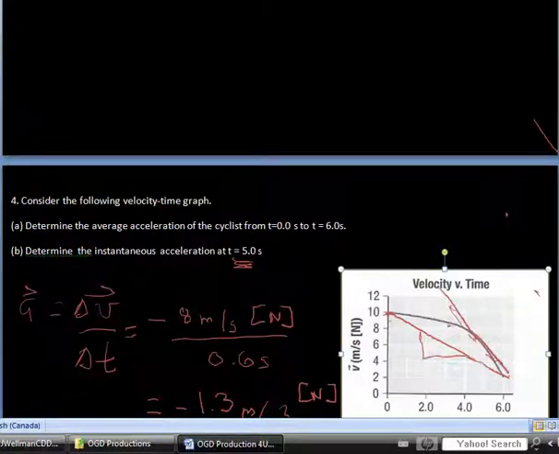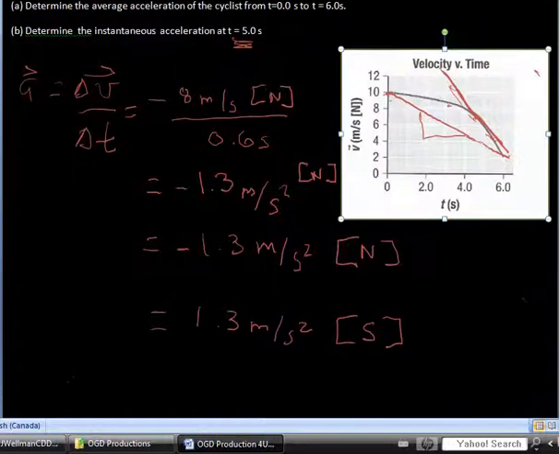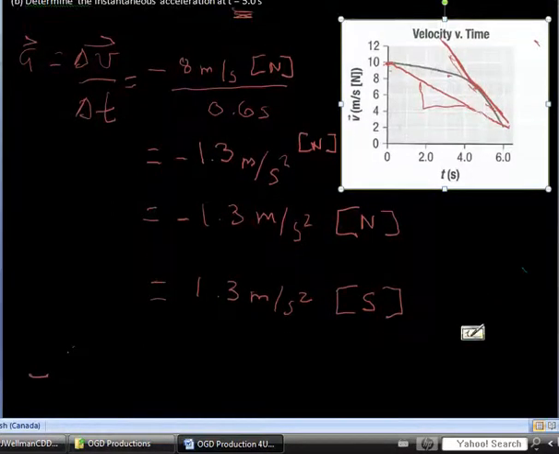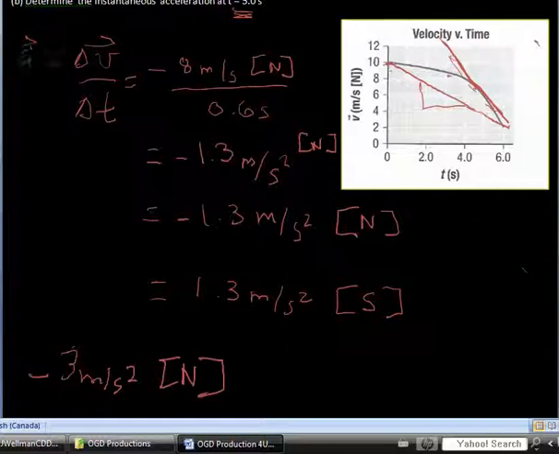The tangent line is much steeper, and it is on the rate of about twice as steep as our original. So if you do this at home and on your homework and you get a slope of about negative 3 meters per second squared north, you're about on the right track.